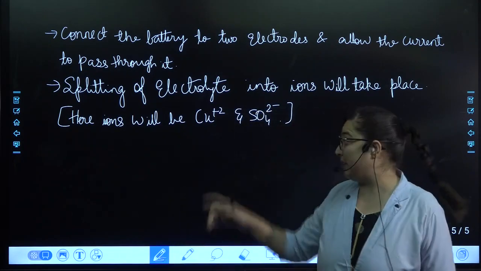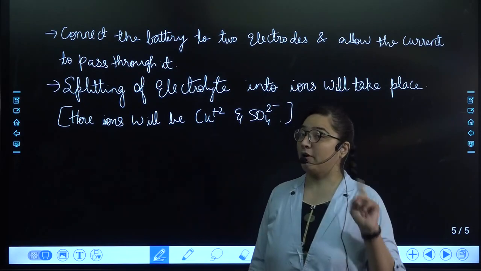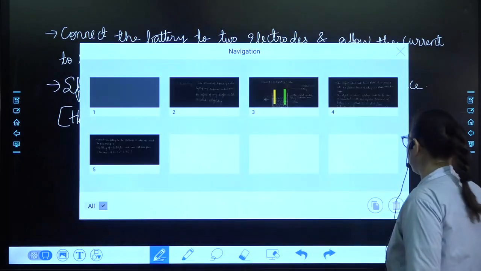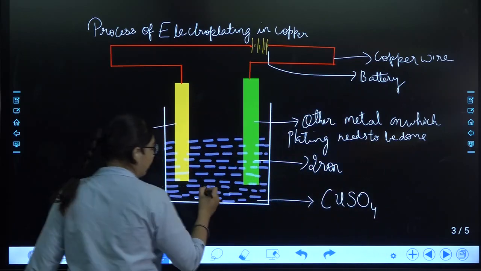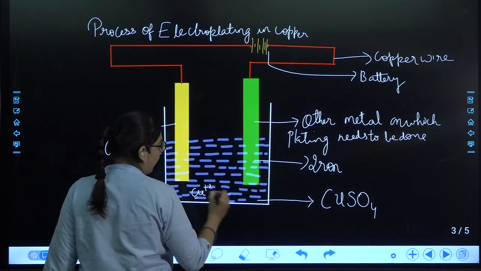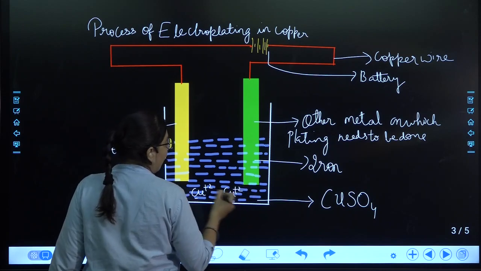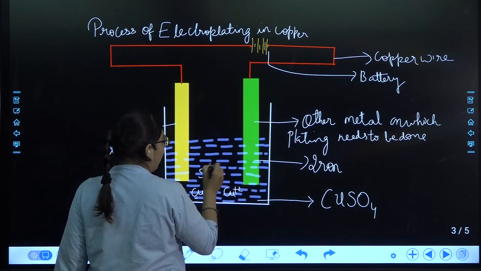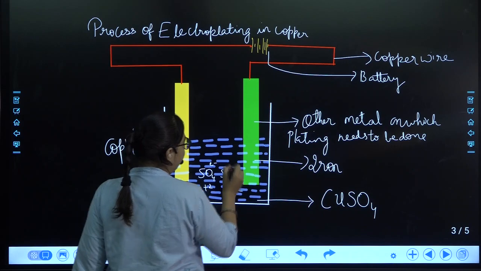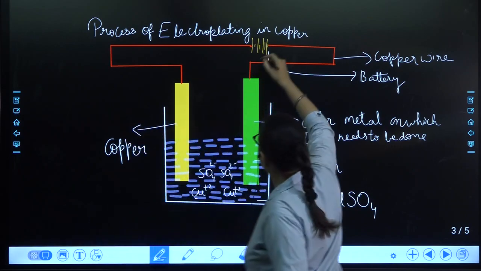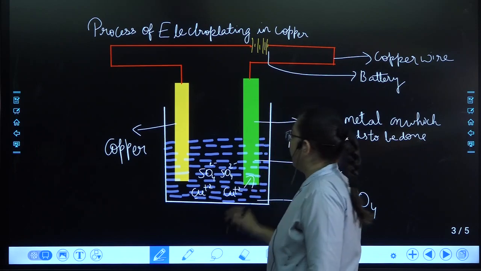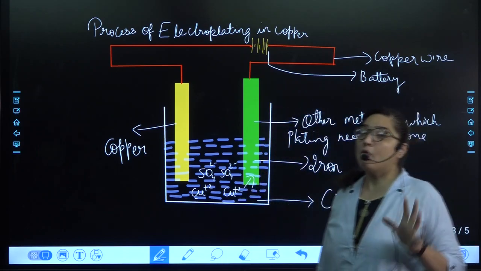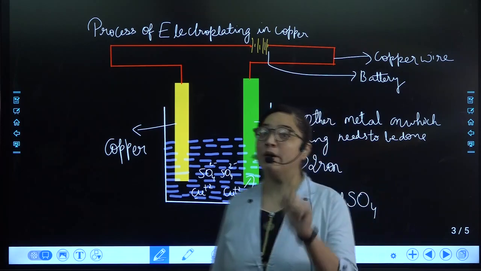Now this Cu2+, because it is a positively charged ion, will get attracted towards the negatively charged terminal of the battery. Positive is always attracted to negative.